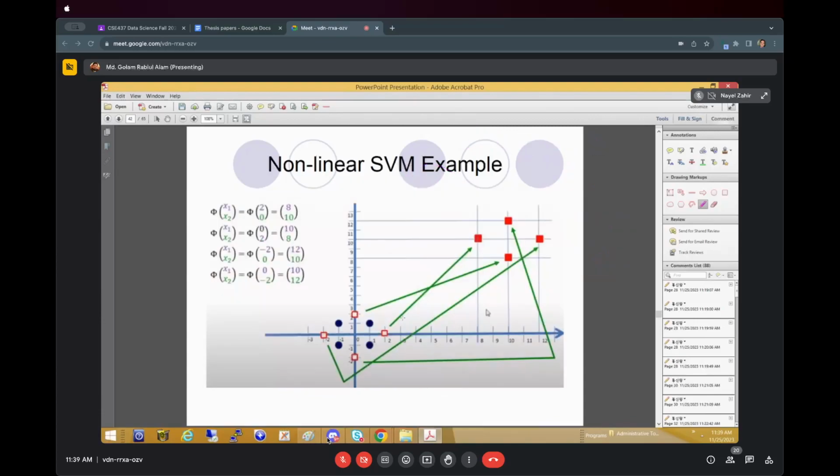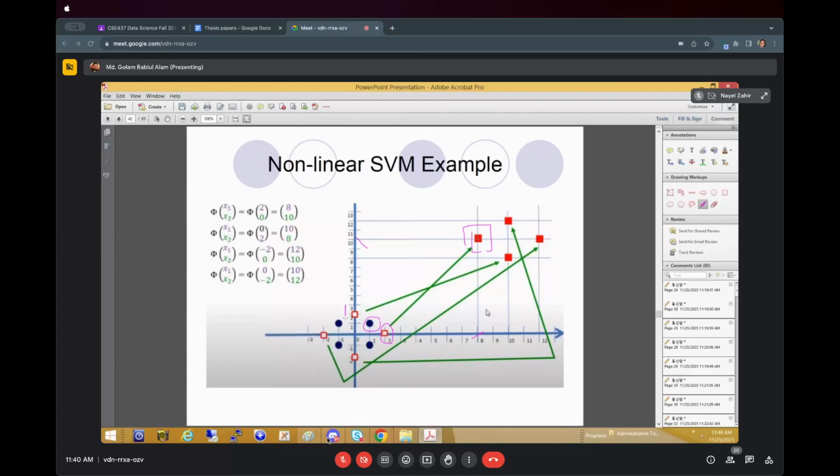Now we can see the blue class vectors and red class vectors. The blue class vectors actually didn't change their position, but the red class vectors changed position. Previously 2, 0, which is this one, is now changed to a place, that is 8, 10. So here is 8 and 10, that is the position of that.